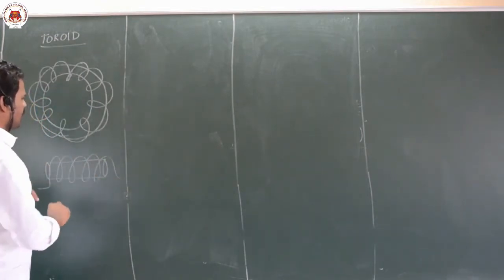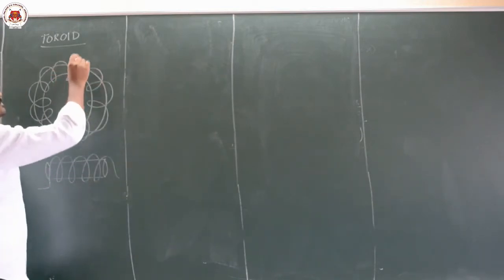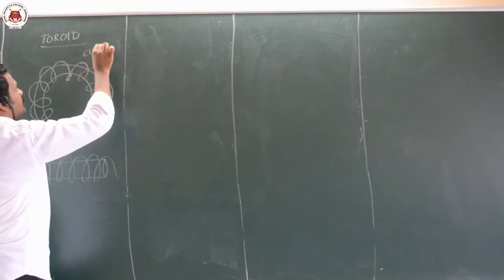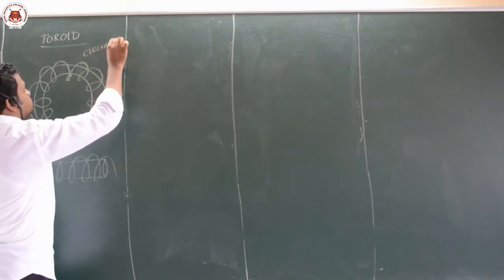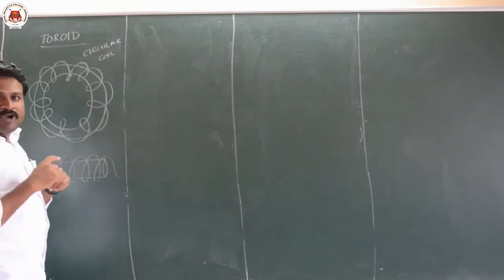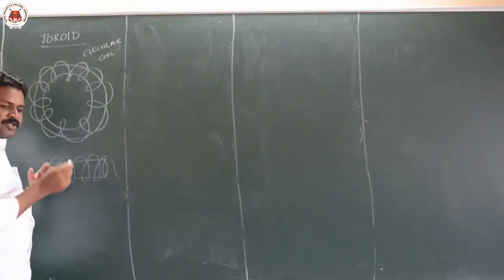Similarly, for a toroid, I have taken a circular coil, on which a wire is coiled very closely such that the turns are very close.